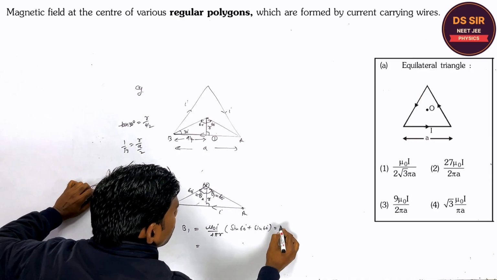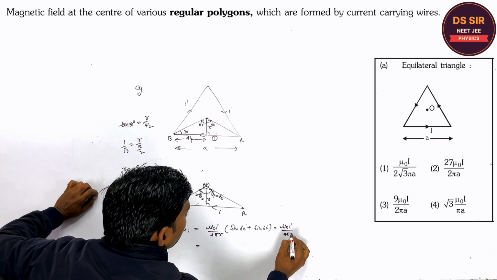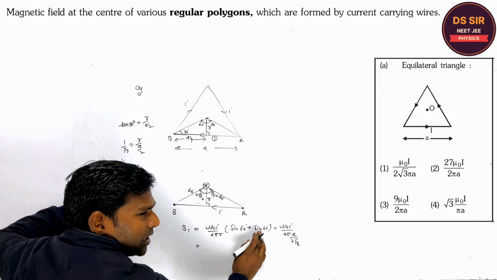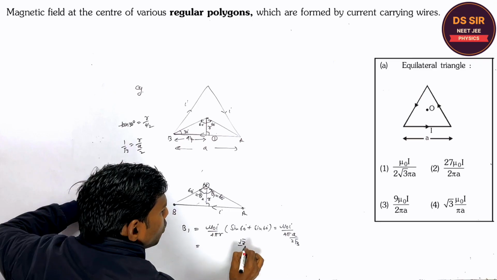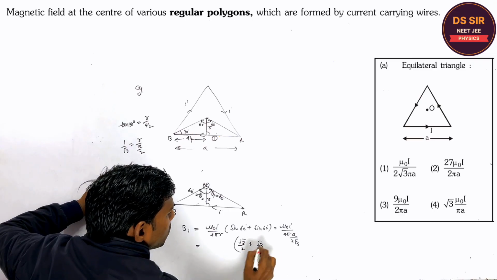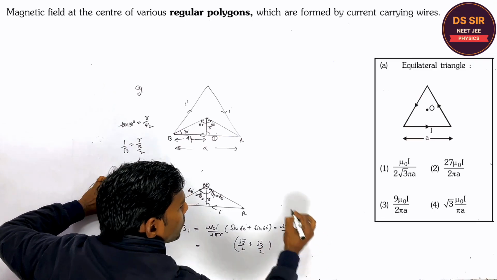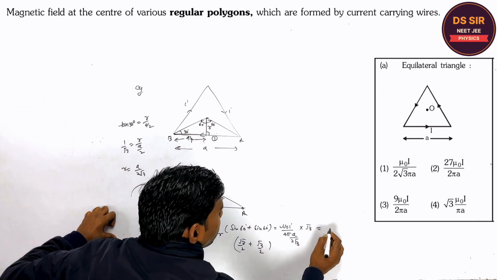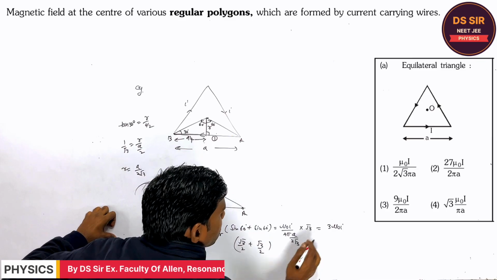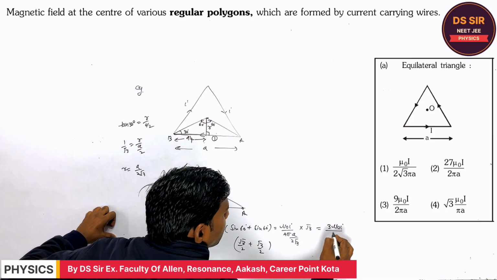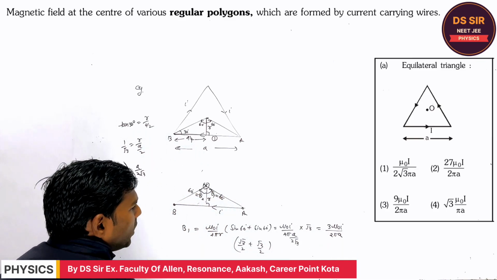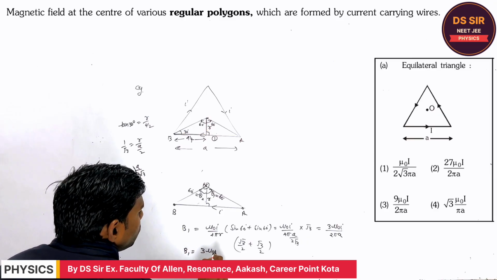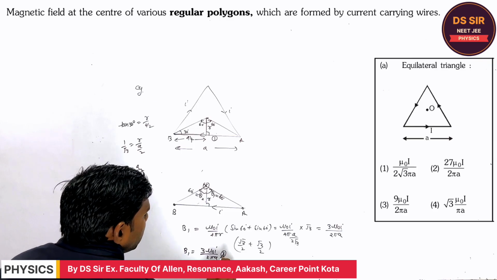So this is equal to μ0I upon 4π, A upon 2 root 3, into (sin 60 plus sin 60), root 3 by 2 plus root 3 by 2. It becomes root 3. Is it clear or not? If you simplify, it becomes 3μ0I, root 3 into root 3, 2 will cancel out, 2πA. Alright. So this is the magnetic field due to the one part only.